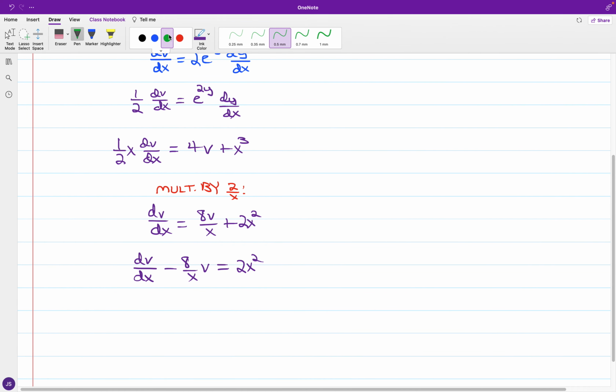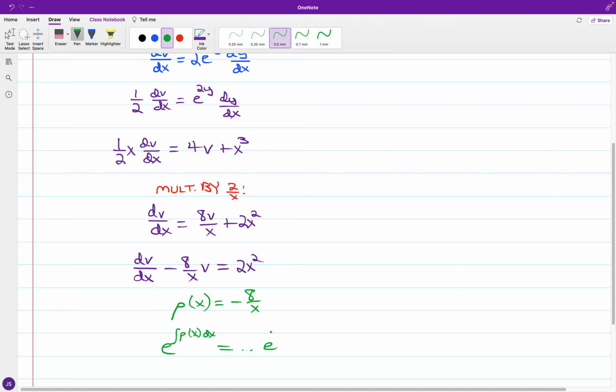And notice, for the first order v term coefficient, that is going to be negative 8 over x. I'll call this rho of x, equal to negative 8 over x, and providing an integrating factor, you have e to the integral of negative 8 over x.